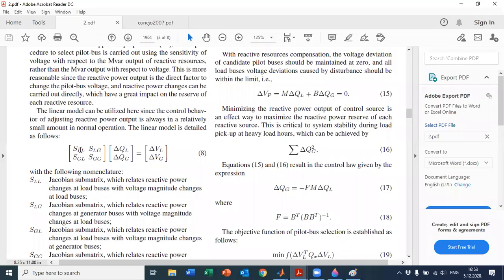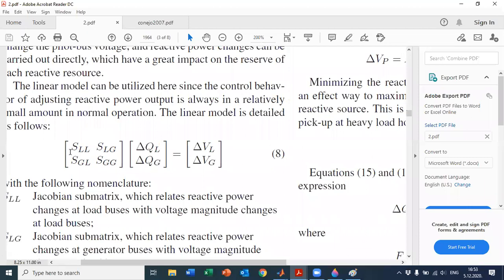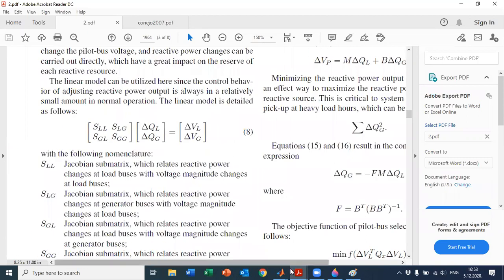If we take a look at here, it was done in advance to divide these matrices into the matrices corresponding with the loads and the matrices corresponding with the generators. This was done in advance simply by renumerating the nodes.